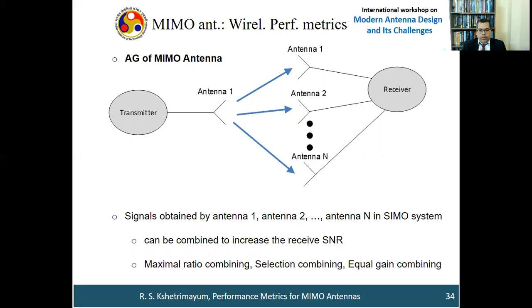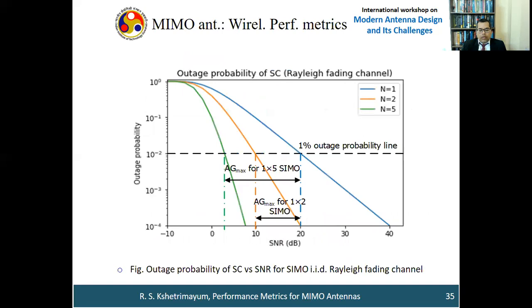So that is actually called the array gain of a MIMO system. And depending on what kind of combining scheme you employ, maximal ratio combining, selection combining, or equal gain combining, the array gain performance of the MIMO antenna is going to change. So this is the outage probability curve versus SNR for selection combining over a single input, single output and single input, multiple output, IID Rayleigh fading channel.